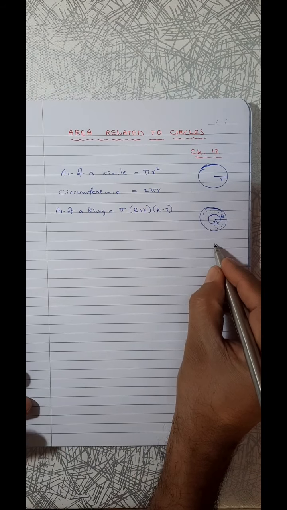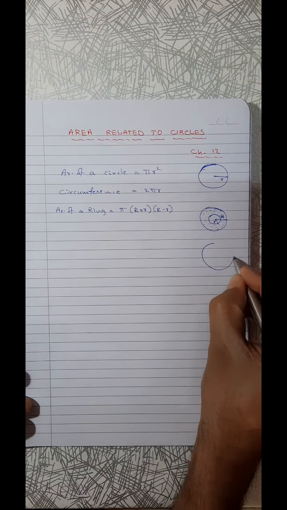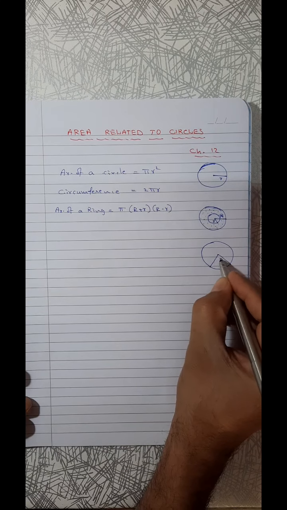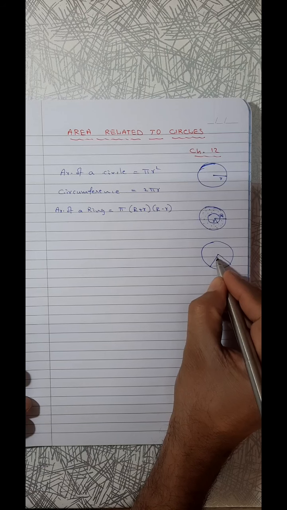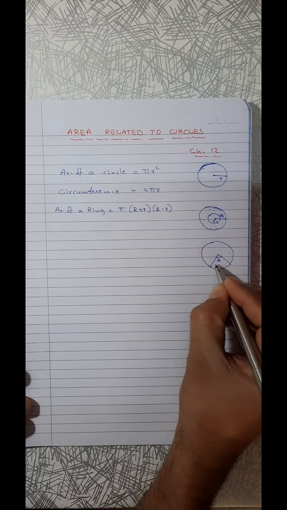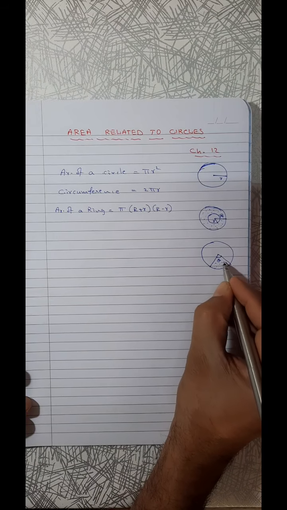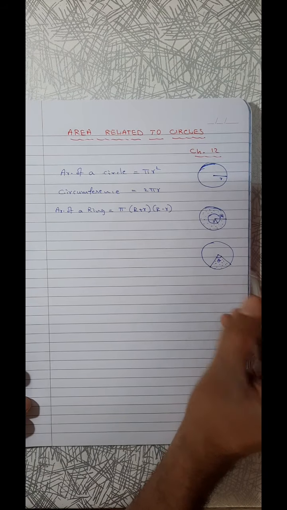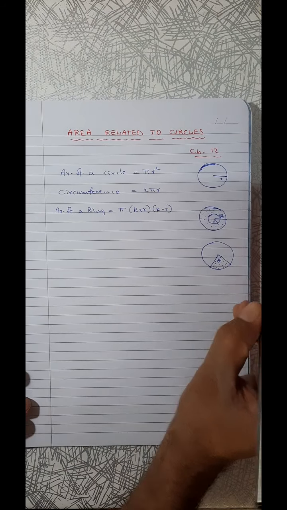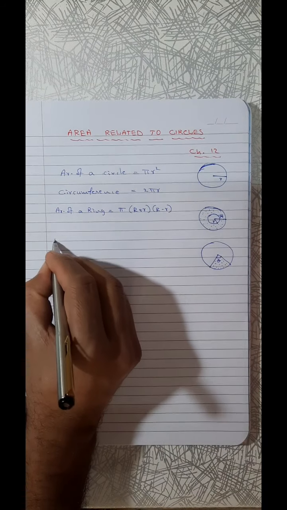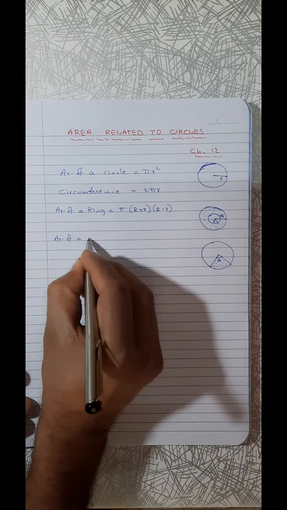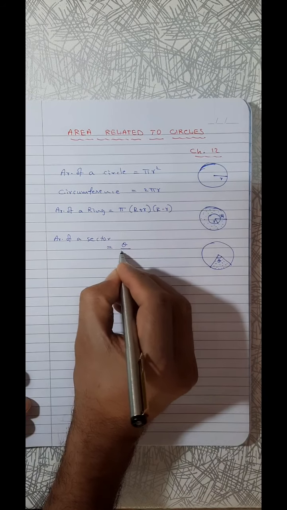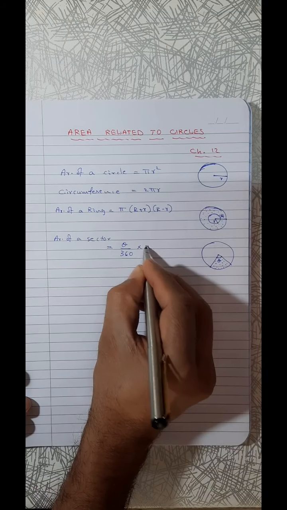What is the meaning of a sector? This is a sector. Suppose this angle is theta. This shaded area is the small sector, minor sector. This is the major sector which is not shaded. Area of sector equals theta by 360 into pi r square.